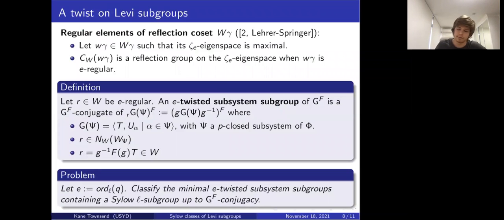So to do this, we're going to have these regular elements of a reflection coset. These were introduced by Springer, and then more formally and more generally by Lehrer–Springer theory.